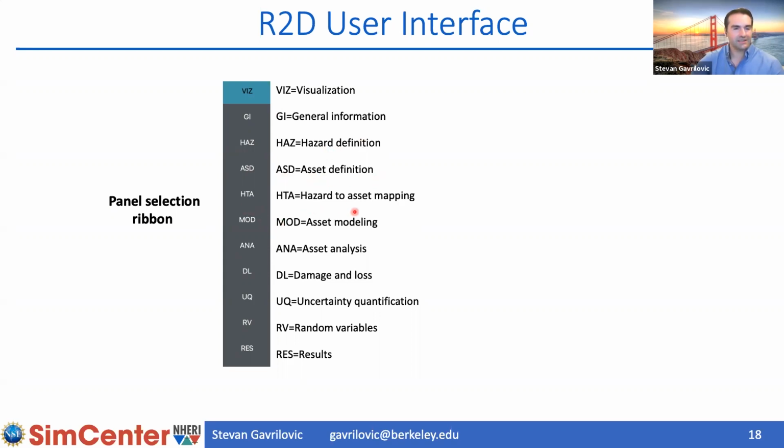HTA, which is hazard to asset mapping. MOD, which is asset modeling. ANA, which is asset analysis. DL stands for damage and loss. UQ stands for uncertainty quantification. RV stands for random variables, and results is where you can see the result at the end of the day. I'm going to go through each one of these panes in the subsequent slides.